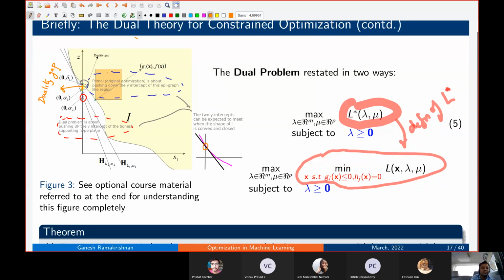For more details, you'll have to look at the derivation, which takes probably a couple of classes. But I hope this intuition is clear to everyone. So we can say that in the convex case, the intercepts will meet. Otherwise, no.